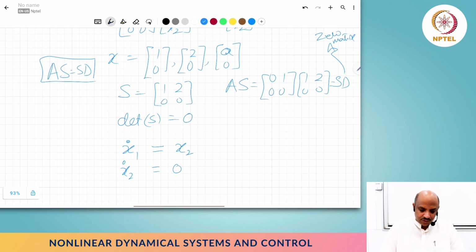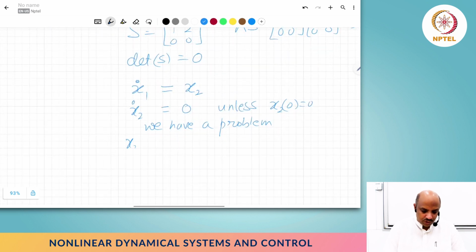So unless x2 of 0 is 0, okay, we will have a problem. What kind of problem? We'll see in a second. Suppose x2 of 0 is 1. Of course, that means x2 of t is 1 because x2 dot is 0 in this particular case. So x1 dot therefore is 1.